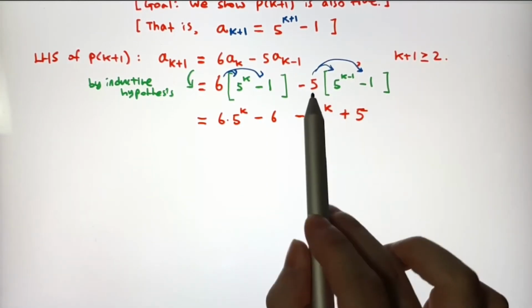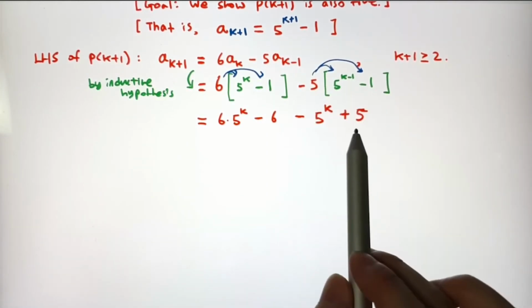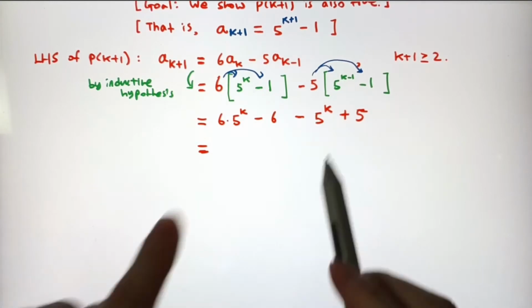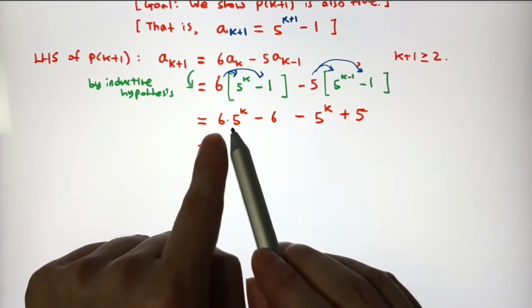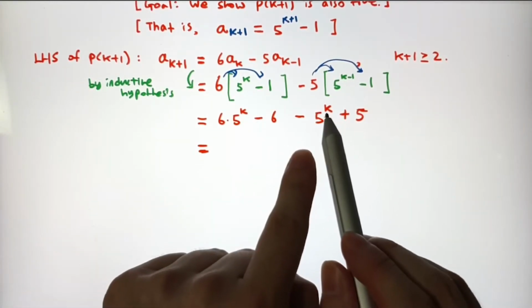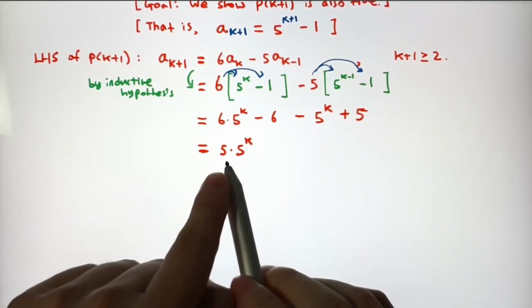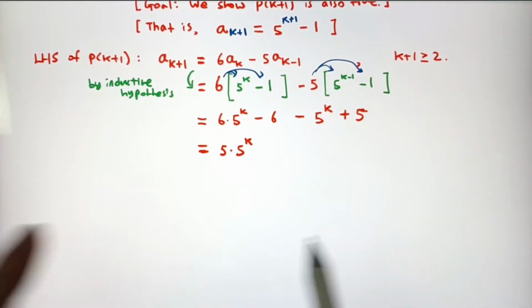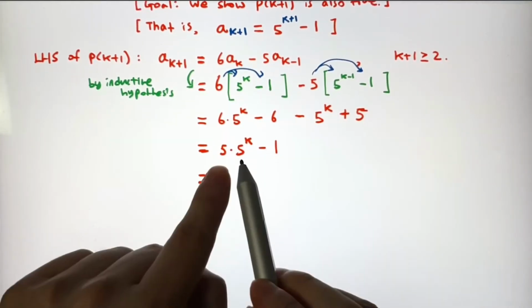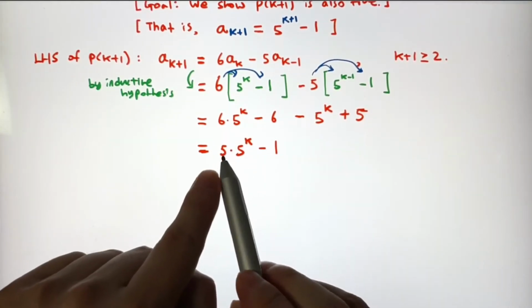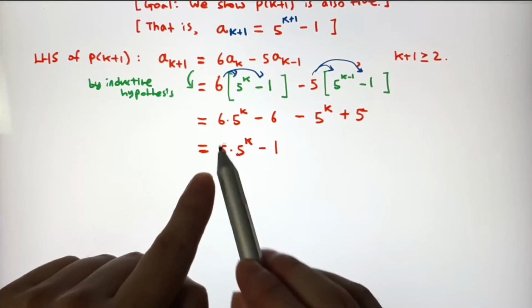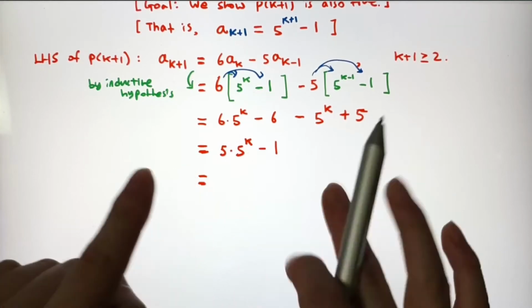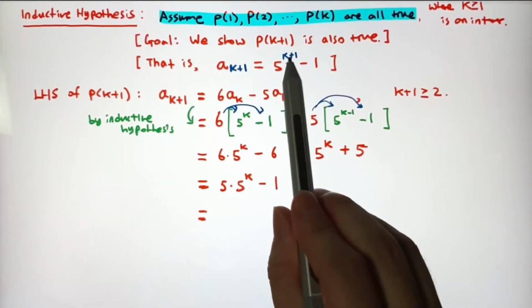And finally, negative 5 times negative 1 becomes positive 5. Let's collect the like terms. 6 times 5 to the k minus just 1 times 5 to the k becomes 5 times 5 to the power of k. And then negative 6 plus 5 becomes just minus 1. Wait a minute, we have 5 to the power of 1 times 5 to the k. It's equivalent to what we want: 5 to the power of k plus 1.